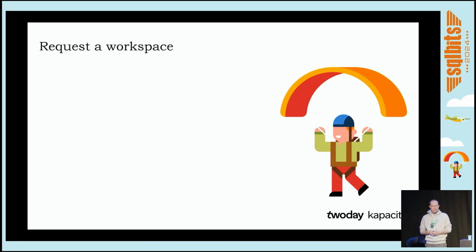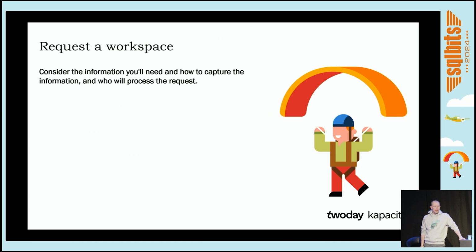My approach for this is that you set up a process for how to request a workspace. And you can do that in different ways in the portal. You should, of course, find out what information you need when people are requesting a workspace. And then you have, in my opinion, 2 different options.